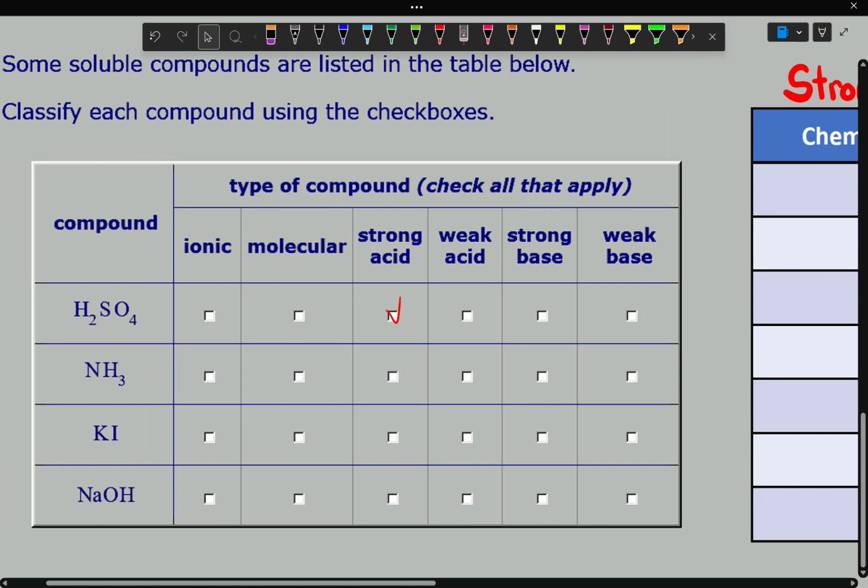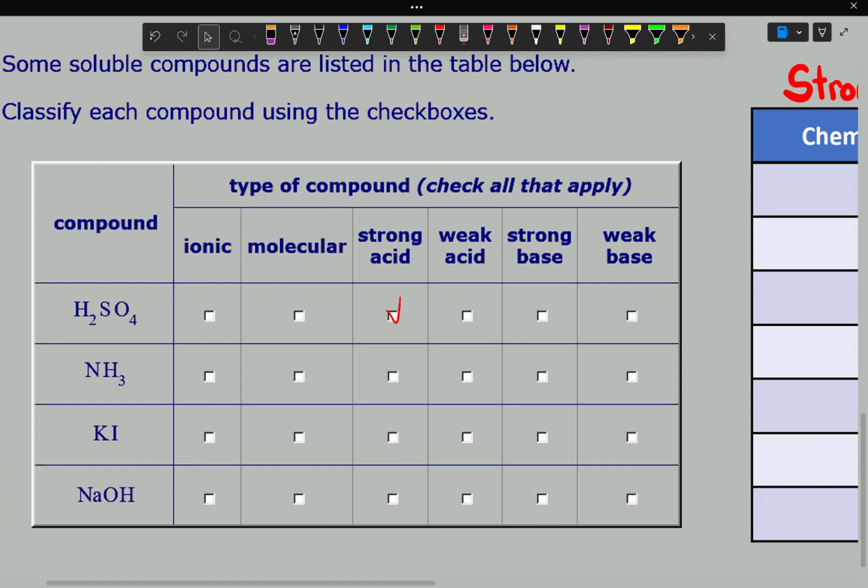We also need to ask ourselves whether it's an ionic compound or a molecular compound. If we look at H2SO4, we have hydrogen and we have sulfate.